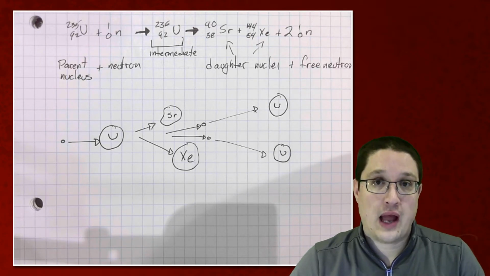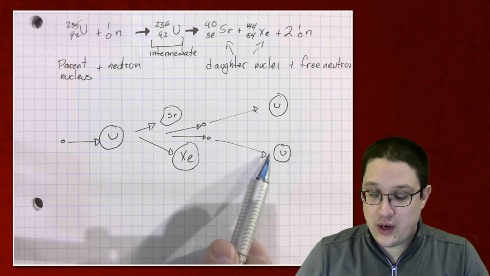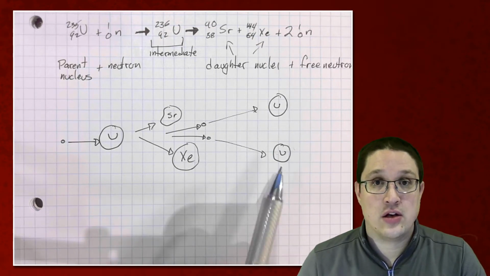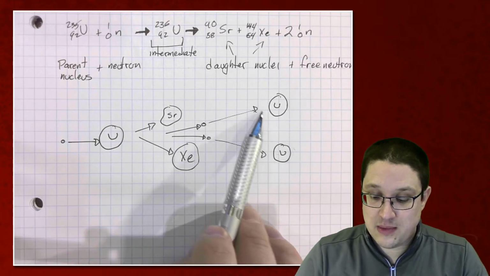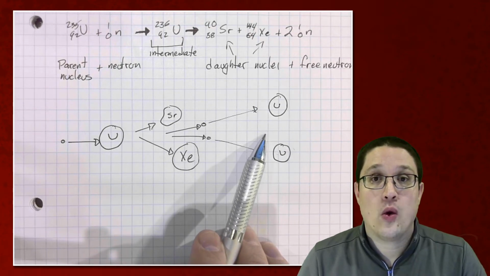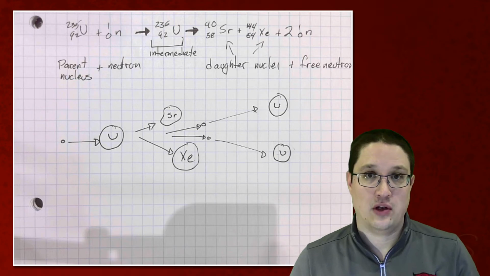A nuclear reactor is a controlled fission reaction where we deliberately limit how many neutrons can cause additional fission reactions. If you can limit that to approximately 1 neutron per reaction, you have a sustaining rate where it continues at the same rate for a long time.